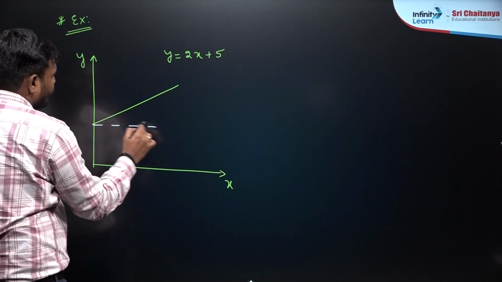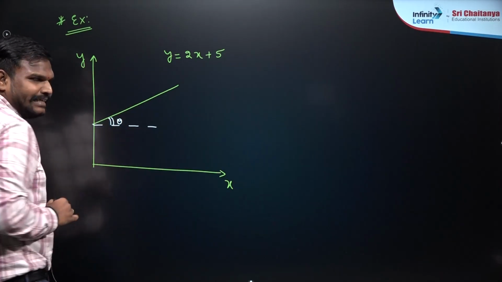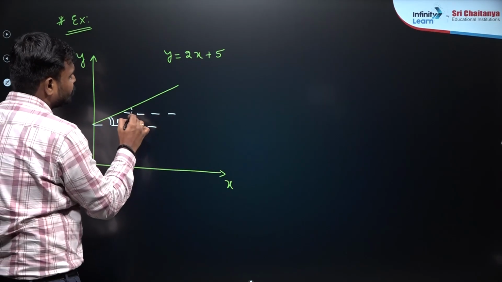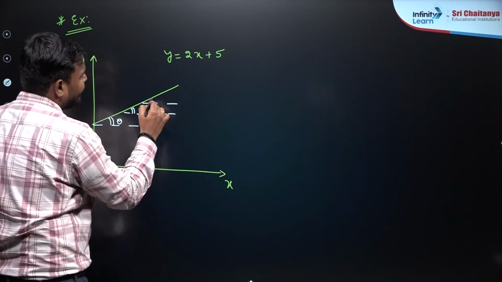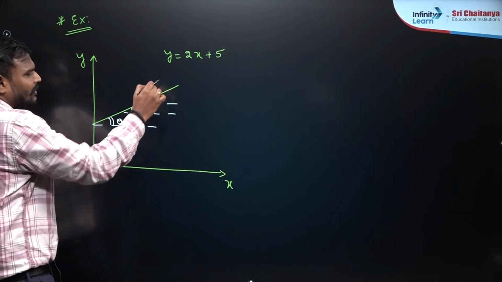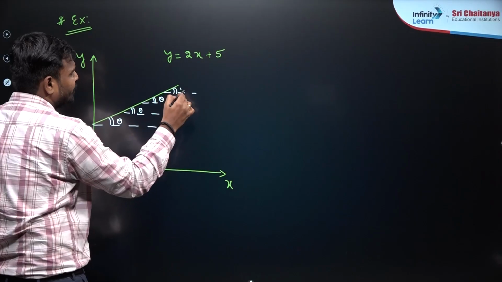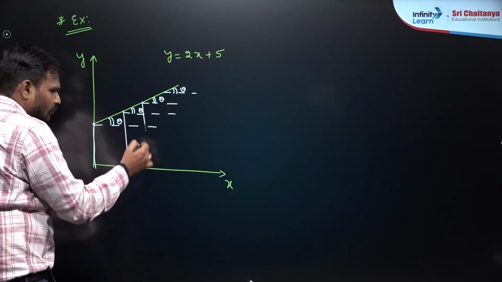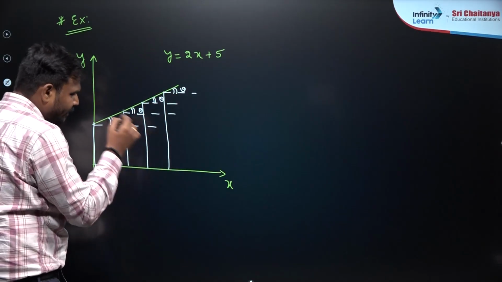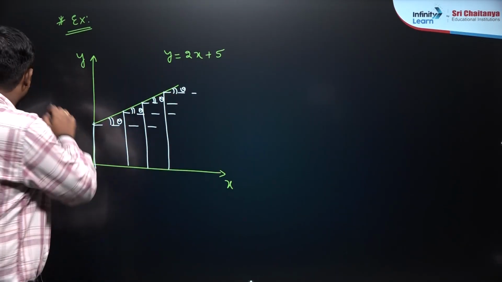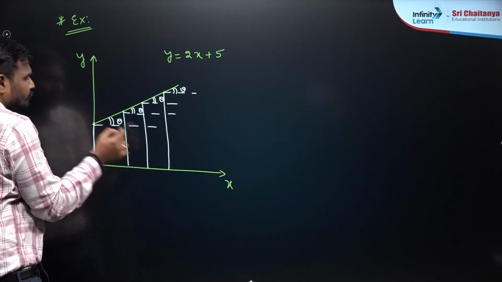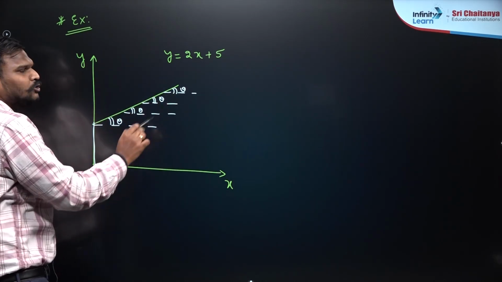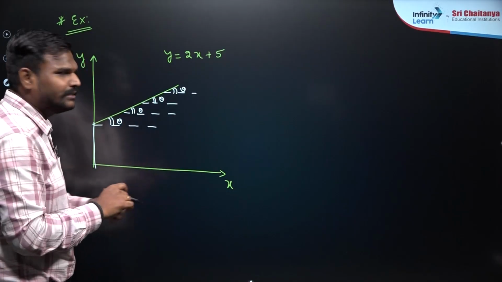With the horizontal, we will take the angle theta, and for a straight line, at any position you take, the angle theta will remain the same. That means at the origin, at x is equal to 5, at x is equal to 10, at x is equal to 20, at any position you take the angle, it will be the same. That means the slope of that particular line is the same.